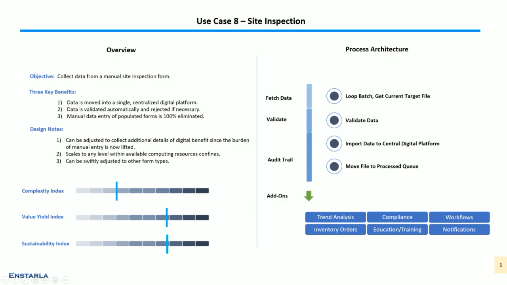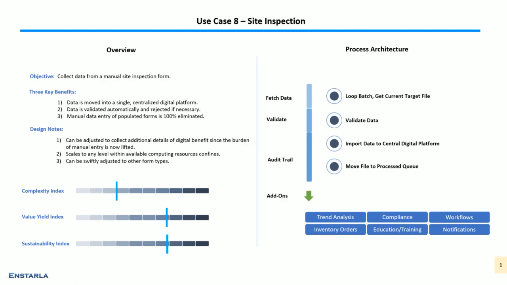Humans make 3 to 5 reasonably serious mistakes per hour, so the experts at Kindler, our partners, have advised me. Something to be wary of. You add that up over a full day and then over a full week, and you've got some data challenges, period. Design notes can be adjusted to collect additional details of digital benefit since the burden of manual entry is now lifted.